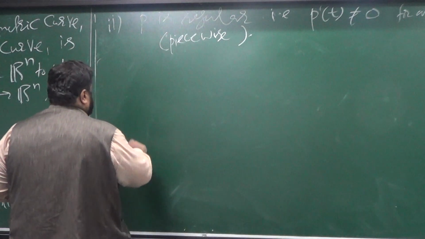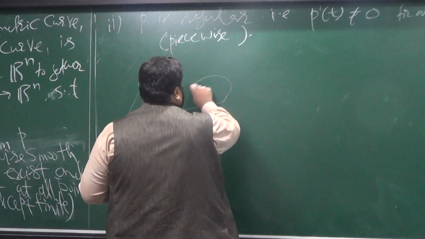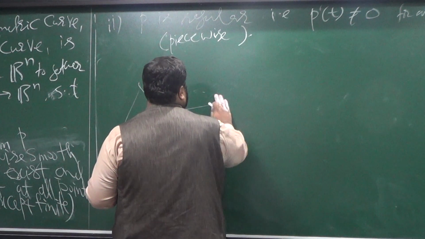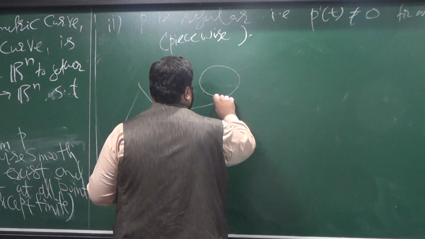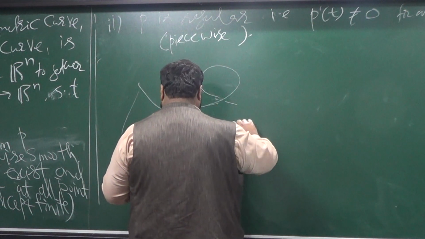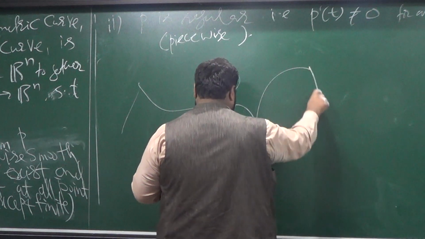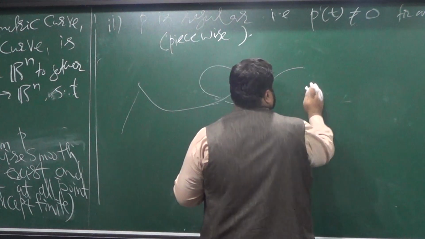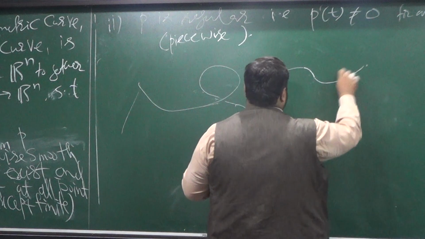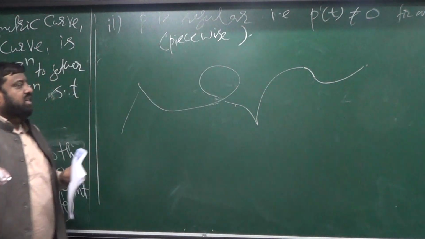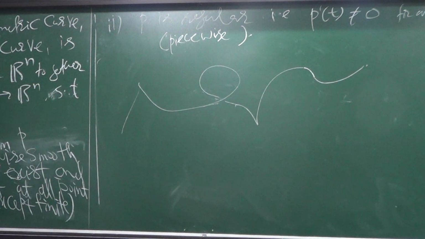So for example, one of the curves that you can have could be something like this kind of a curve. This also would be a kind of a path. So what points are going to be the trouble-making points in this curve? The cusps, these kinks.